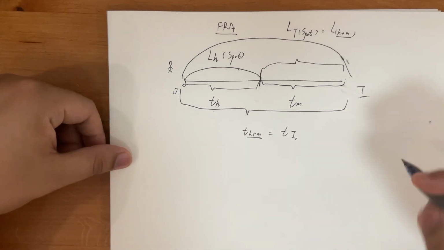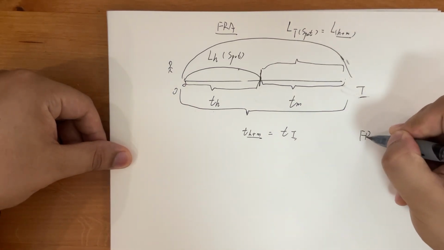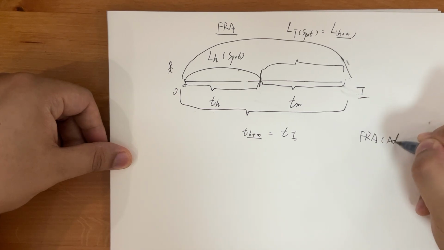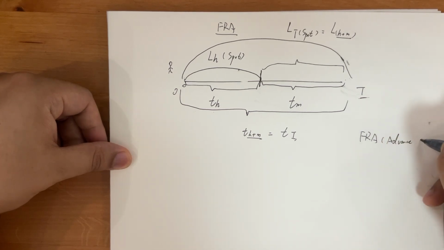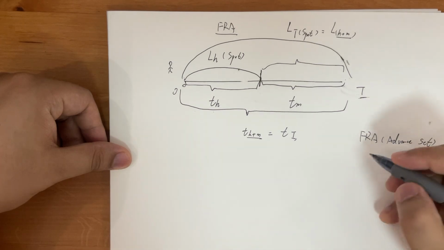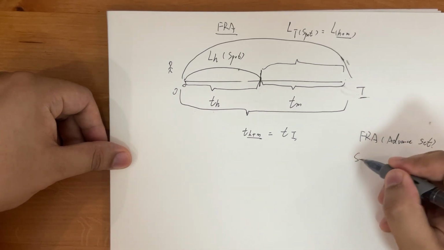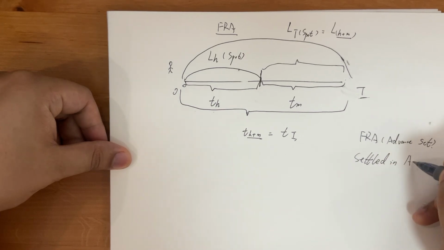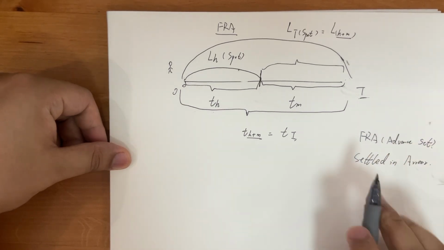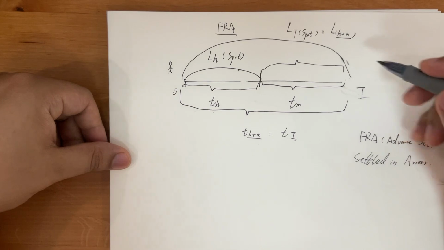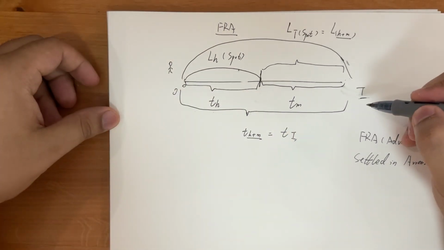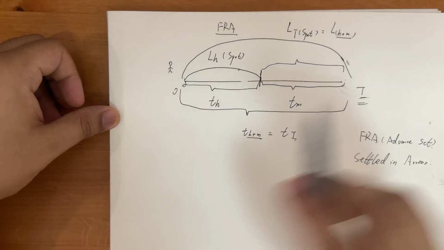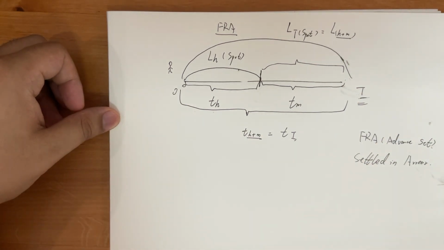Remember, the forward rate agreement most of the time is set in advance, but it's settled in arrears. That means the time here is when you settle, but when you set it, it's set in advance.